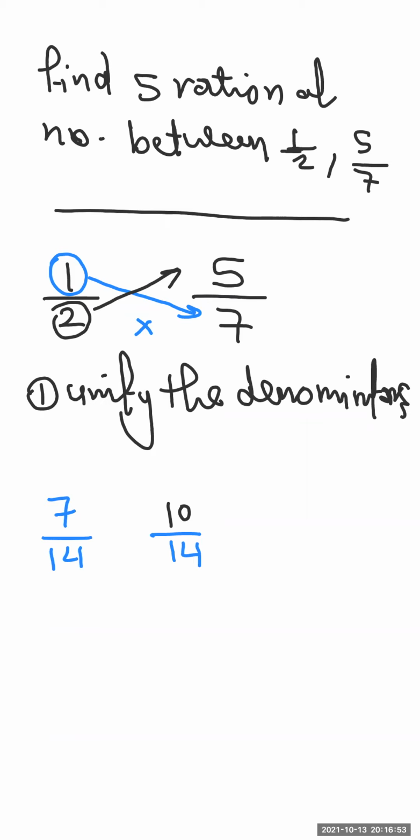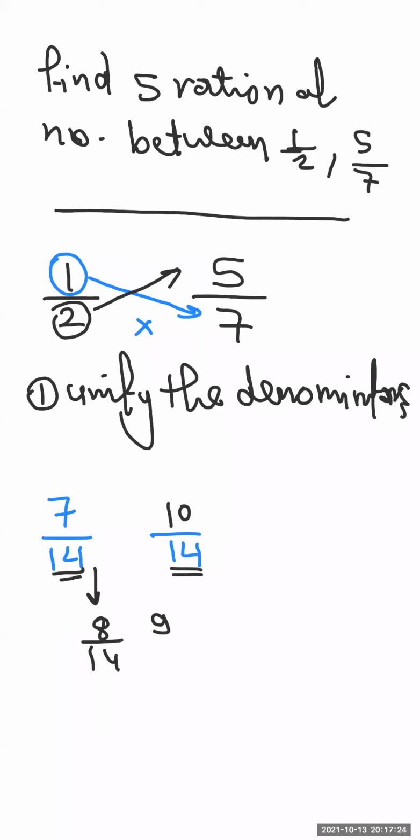Okay, great. Now, what are the numbers between 7/14 and 10/14? It's 8/14, 9/14. The denominator is 14.